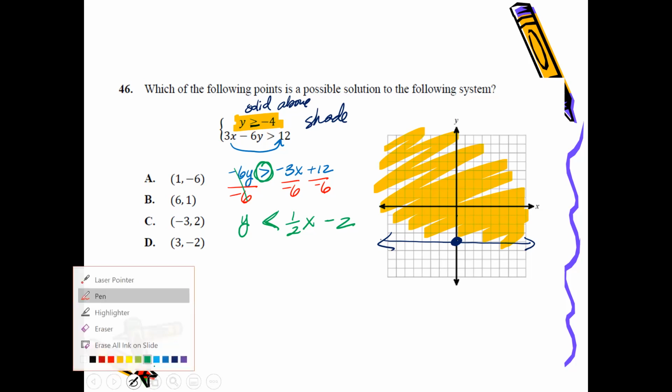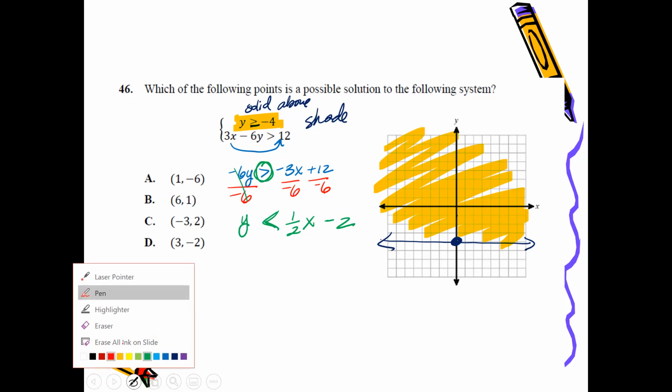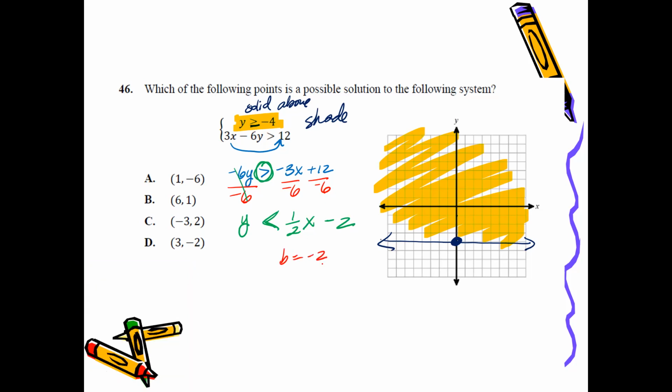All right, so let's graph this thing, you guys. When I graph this, I'm going to graph it with b equals -2, m equals 1/2. So ladies, make sure you're paying attention. At -2, this is your first point, go up 1, over to the right 2. You can also go down 1, to the left 2.